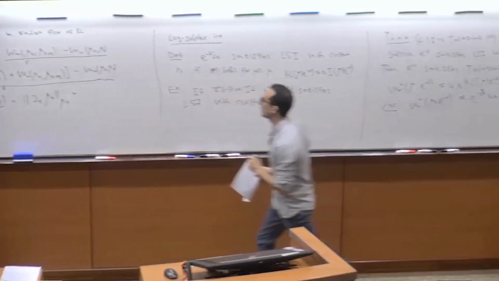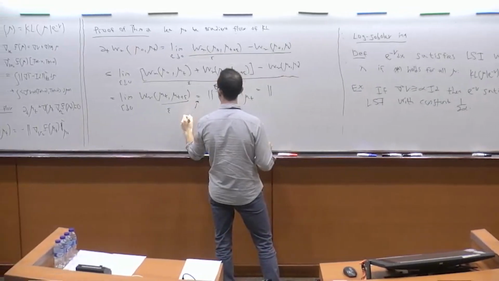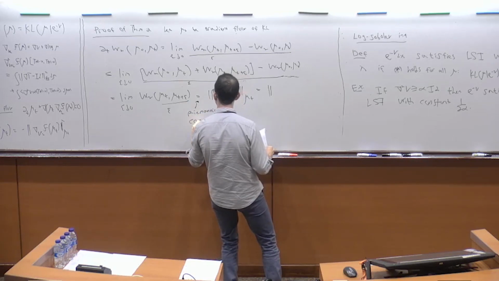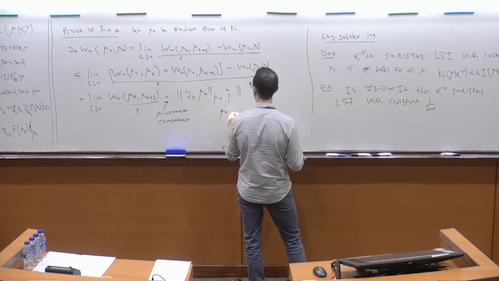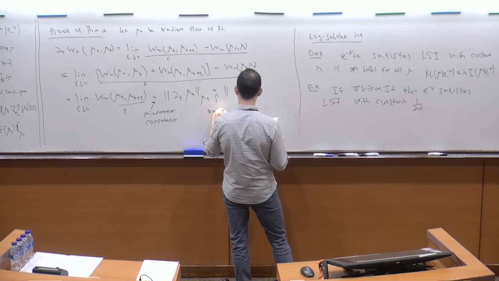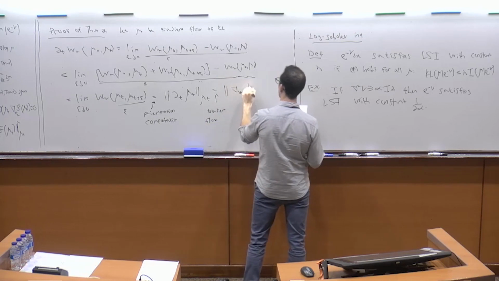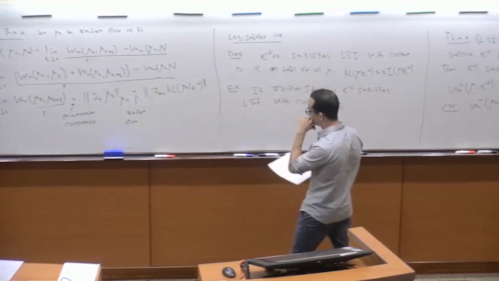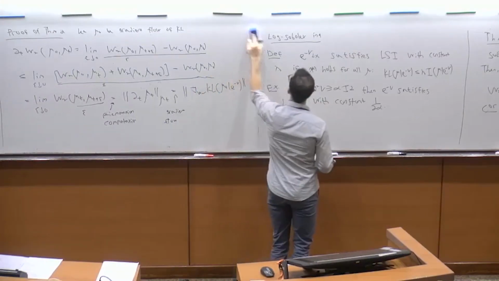And now we will use this. This is a Riemannian computation, and here we will use the fact that mu_t is a gradient flow. So we have the gradient of KL of mu_t with respect to e^{-V}.